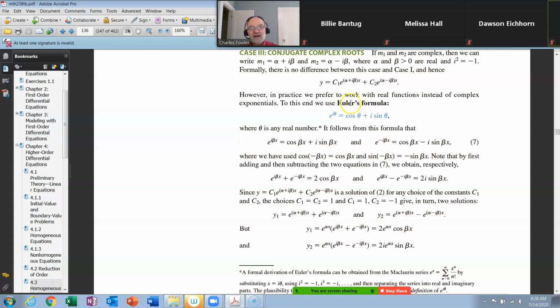He came up with this formula that relates e to the i theta, which would be this part here, e to the i beta x, here and here. He relates that e to the i theta as cosine theta plus i sine theta.